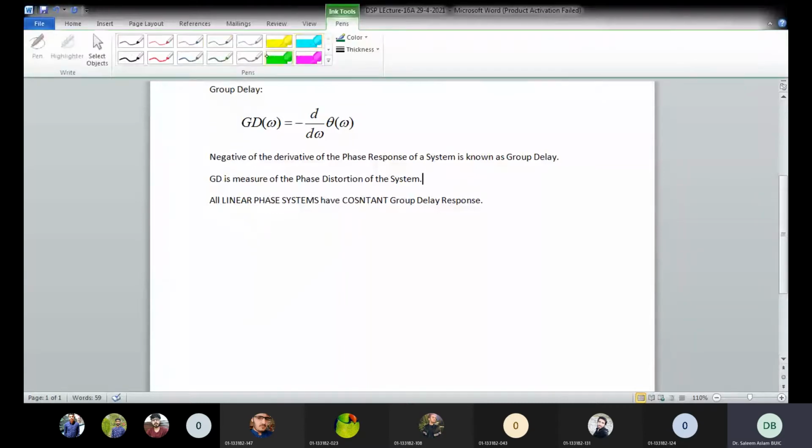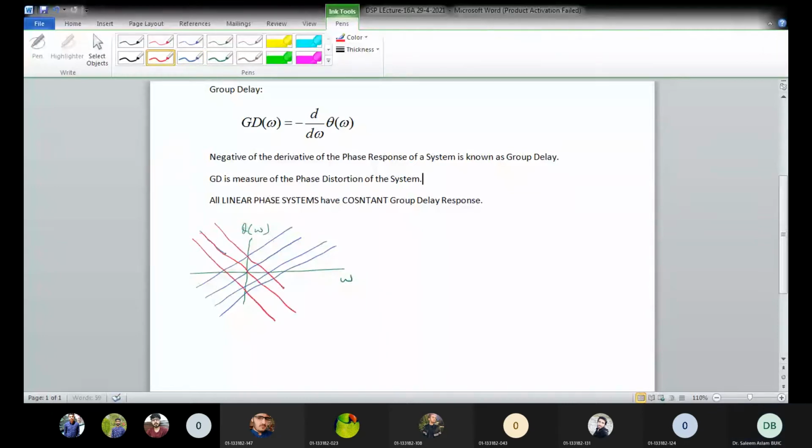Let me share a graph with you. If we have a phase response, this is theta of omega versus omega, and let's consider we take increasing patterns with blue color, like this, and we select red color for decreasing linear patterns, like this.